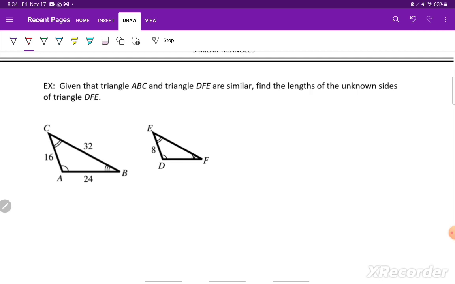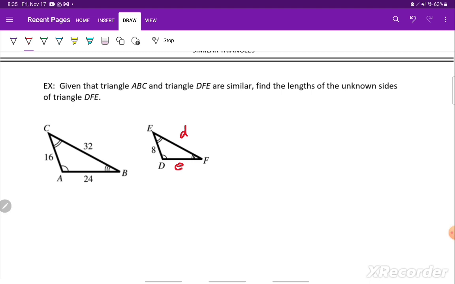Given that triangle ABC and triangle DFE are similar, find the lengths of the unknown sides of triangle DFE. So we want to find side, I'll call this little e, because it's across from angle E, and I'll call this side little d, because it's across from our angle D. Now, one of our conditions for similar triangles is that their sides are proportional.